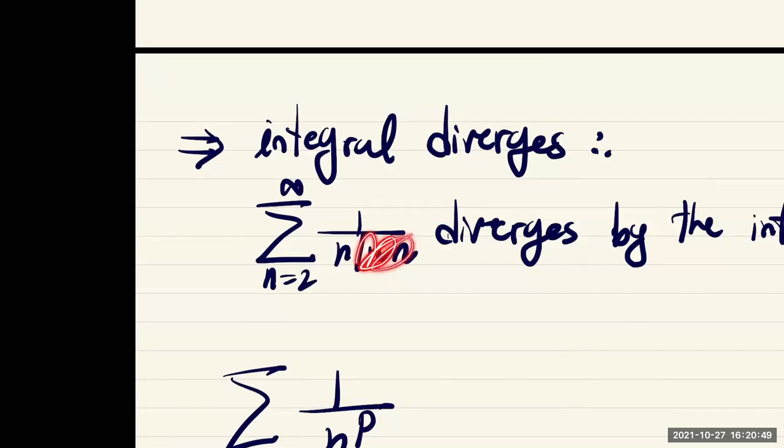Writing that ln n in the denominator along with n might suggest that you're slightly increasing the power of the denominator. We already had this n. Now we make the denominator a bit more powerful by putting ln n next to n. So now the series is going to converge since the denominator is more powerful. The more powerful the denominator, the more likely the series is going to converge.